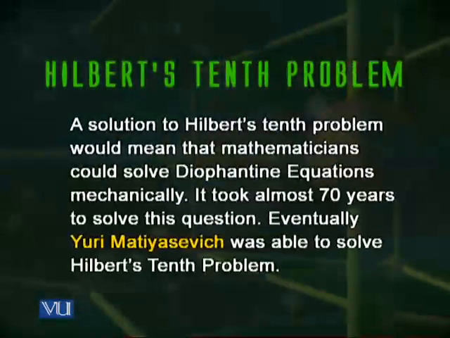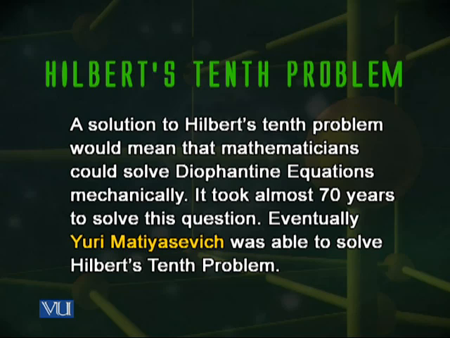Well, Hilbert's problem was solved 70 years later by a very young Russian mathematician called Yuri Matiyasevich. In fact, I think he was about 21 or 22 years old when he solved Hilbert's 10th problem. A solution to Hilbert's 10th problem would mean that mathematicians could solve Diophantine equations almost mechanically.